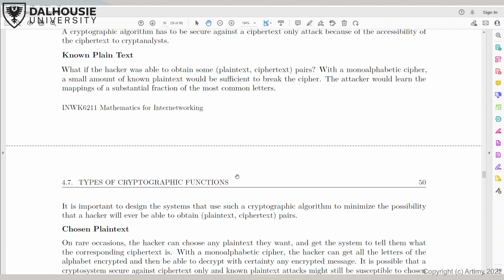If you know that the message always starts by these characters or the date or any pattern, now you know the plain text. You just need to know that the start of the message is the cipher. So you compare, all right, I know that this text, dear sir, is equivalent to YZWR, right? So now I have the plain text and the ciphertext. And this is how they figured out or broke some of the codes.